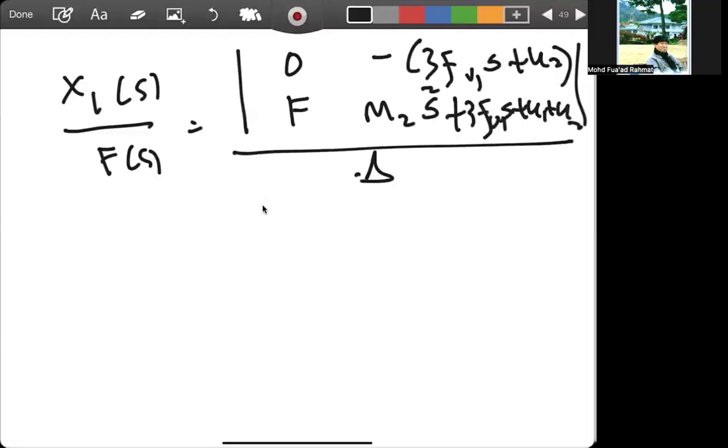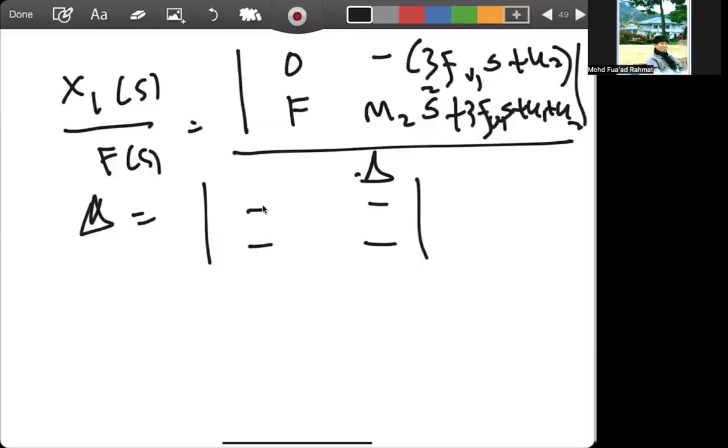So delta is the determinant of the main equations.